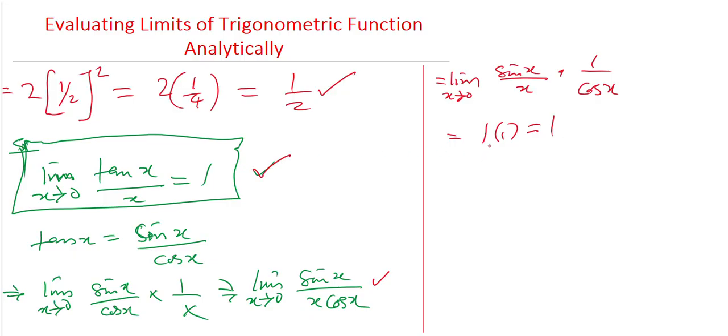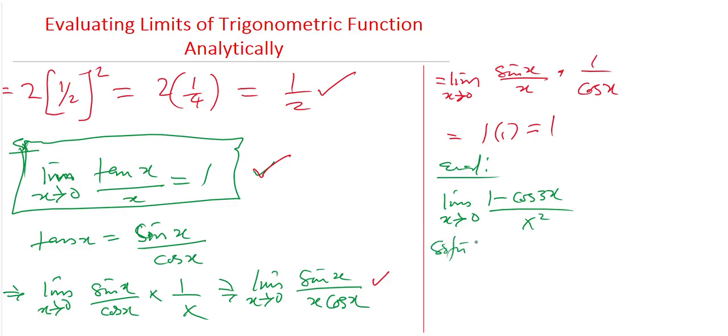Let's take two more examples. You are given to evaluate the limit as x approaches 0 of 1 minus cos 3x all over x squared.